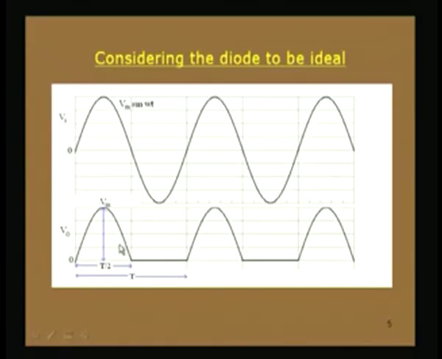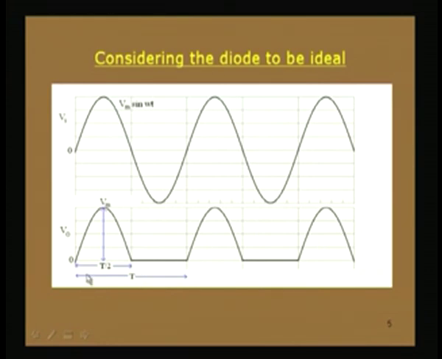So, now this waveform is the input waveform V m sin omega t, and the output waveform considering the diode to be ideal is like this. We will carry out the analysis with this output waveform, where for exactly one half cycle the diode will be conducting and the other half the diode will be off. So, we will be getting 0 voltage.